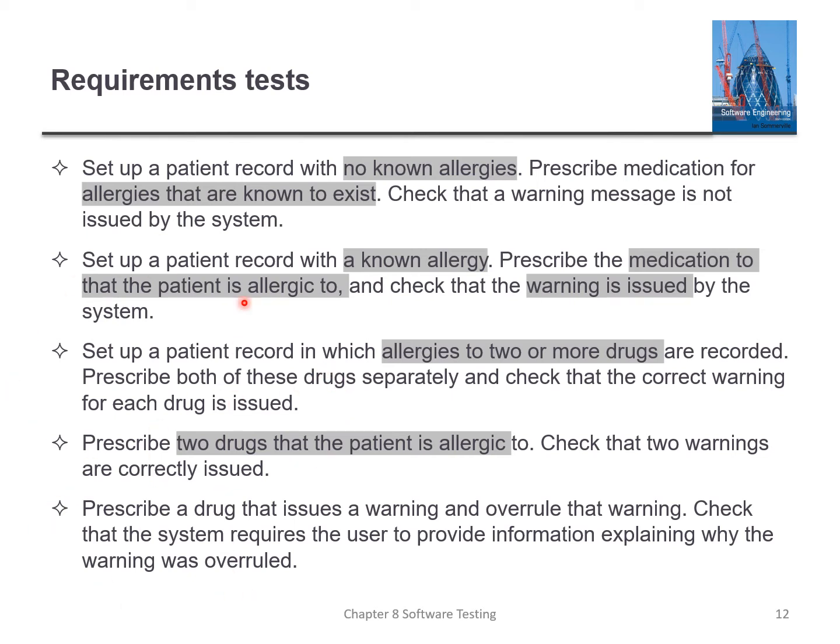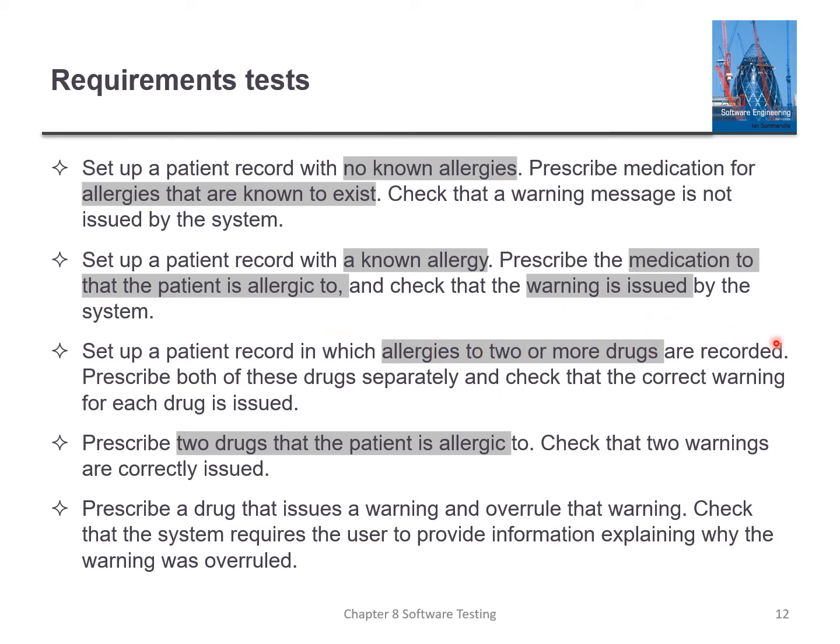There are more, which you can read by yourself, but I'll go to the third one. Here you identify a patient record with two or more allergies. These are people who are easily triggered by allergy.